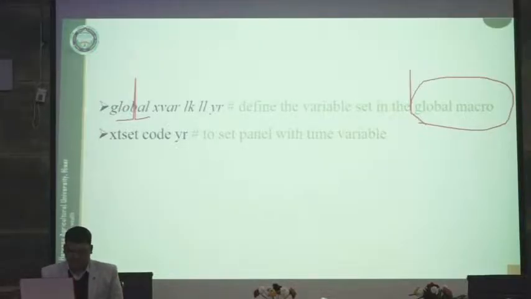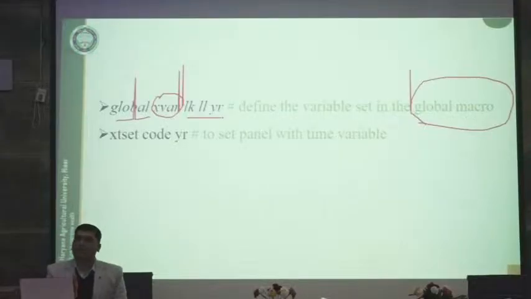That is, this is the command. You can write global, space, and then the variable name. This is the variable name. I have put xvar, meaning x variables. Okay, and these are the variables that are stored in that particular variable, that is xvar.